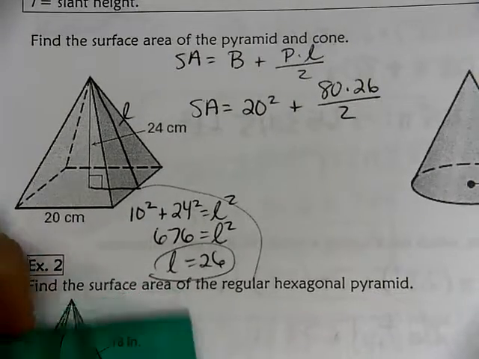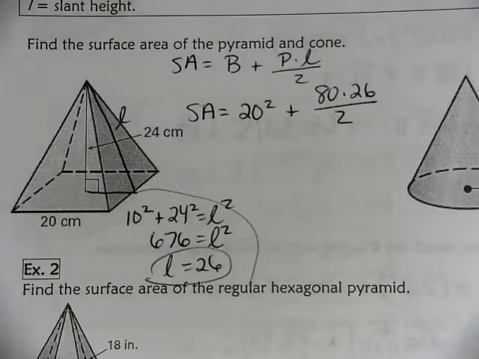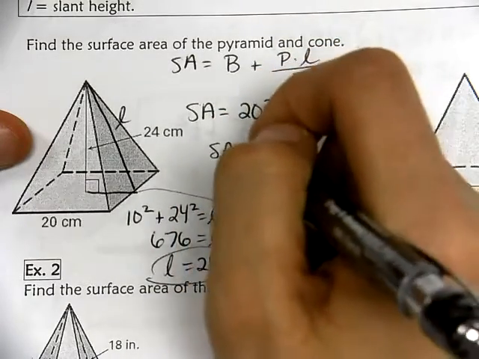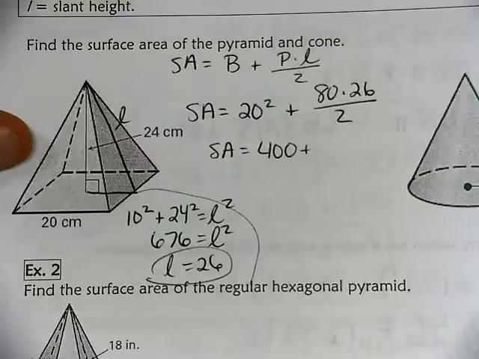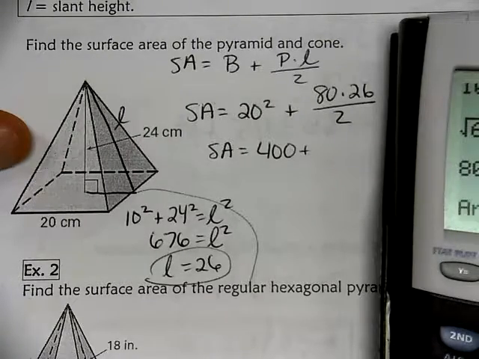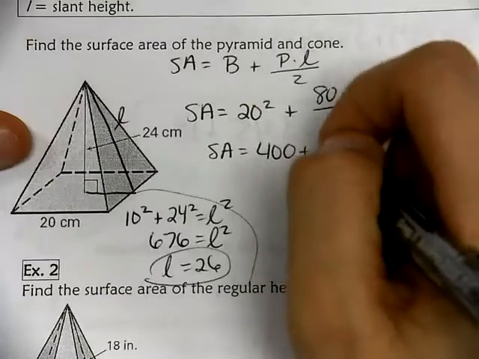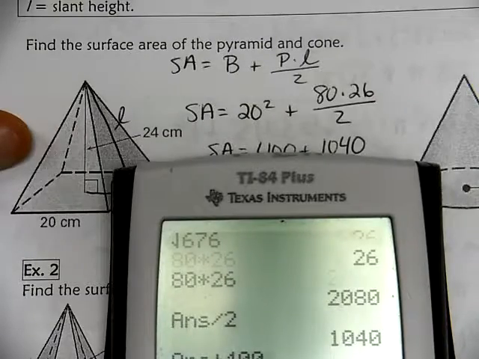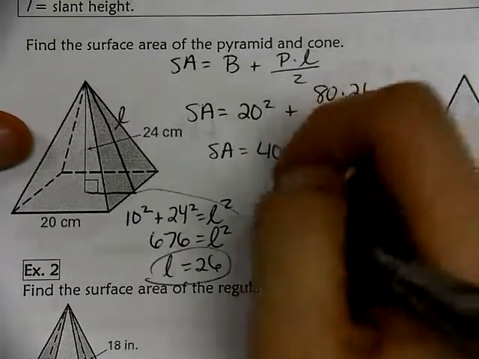Make sense? What's 20 squared? Good job. 80 times 26 divided by 2 is 1,040. Add them together. 1440.